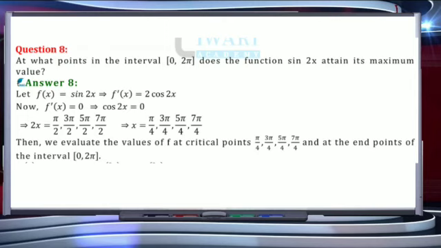So we are finding the value of sin 2x at all these 6 points: pi by 4, 3 pi by 4, 5 pi by 4, 7 pi by 4, 0 and 2 pi. Amongst them, whichever point gives the maximum value of sin 2x will be our answer.